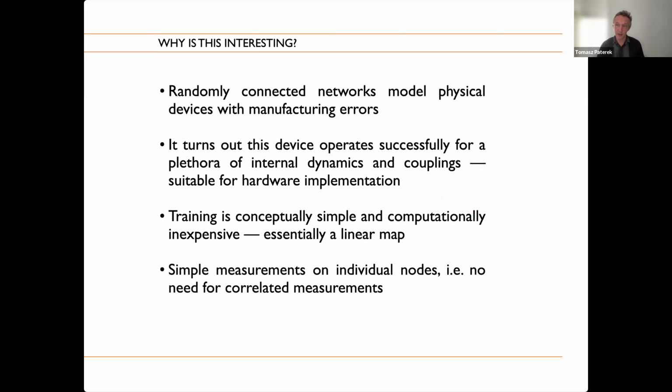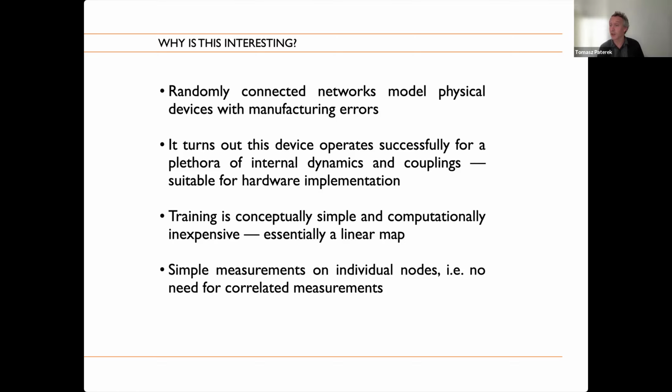So why is this an interesting platform? First, it uses randomly connected qubits, which in practice means that this models imperfections in preparing those kinds of networks. So it can deal with actual physical devices. That's why I wrote that these near-term quantum devices are relevant here.